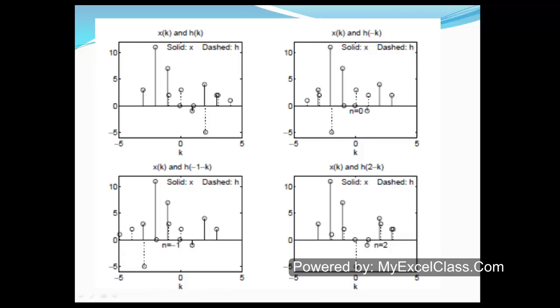So the bottom right plot shows x of k and h of 2 minus k, the folded and shifted by 2 version of h of k, that's the impulse response. So this was a little tutorial about how impulse responses can be plotted in a shifted version.